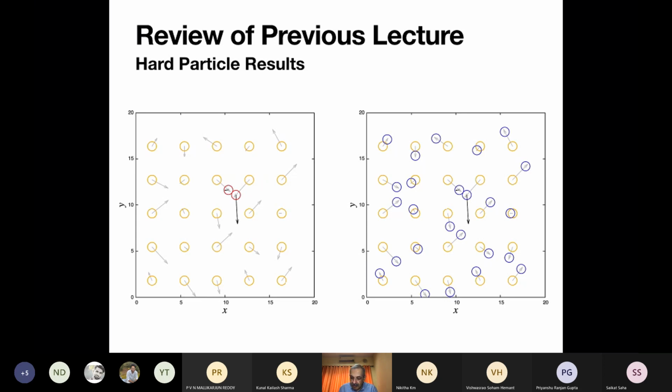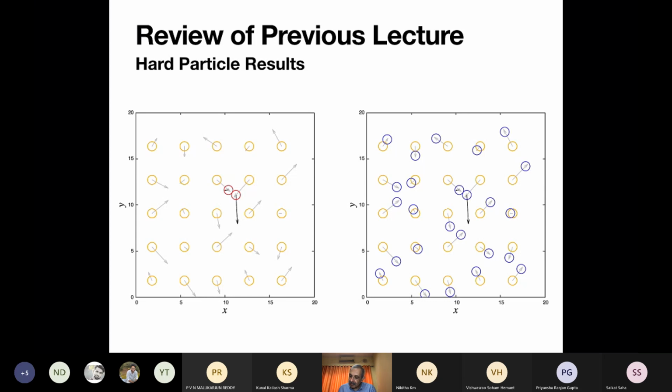You can see this is the velocity over here, and this is the velocity here. So the particles move along, and they are the first to collide. After collision, the velocities are shown by the black arrows. So this is the calculation.